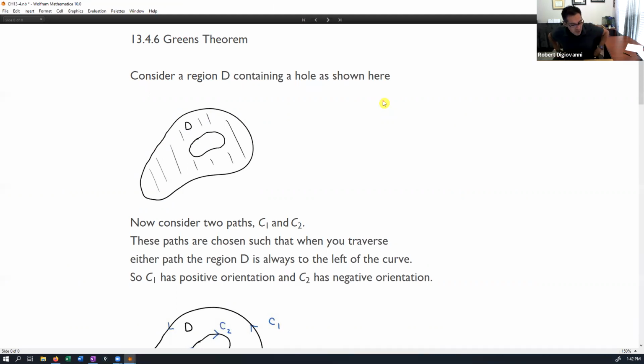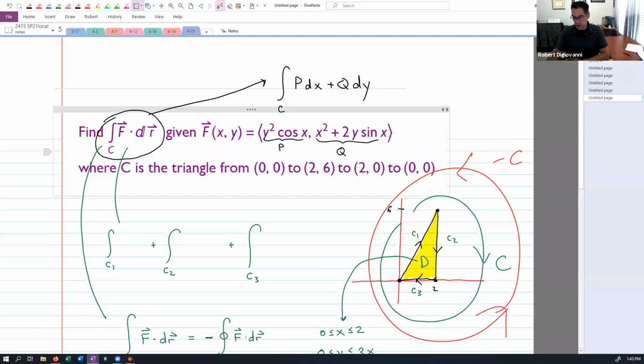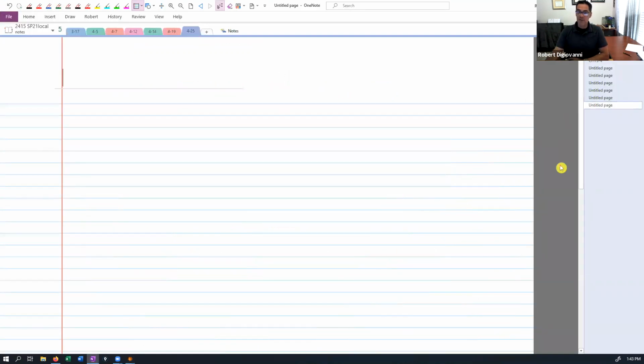The question is, Green's theorem works if we have this curve around this closed region, right? But what if we have a closed region that has a hole in it? Is there anything that we can deduce from that? So I'm going to start this on a fresh sheet here. See if you follow me on this. This is going to be weird. Just trust me, at the end of it all, we will have a problem we're going to do, and I hope it'll be worth our time.